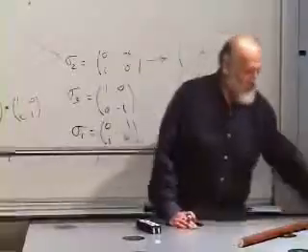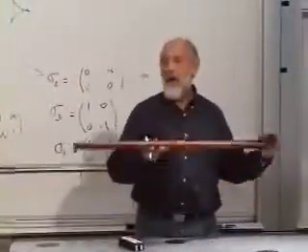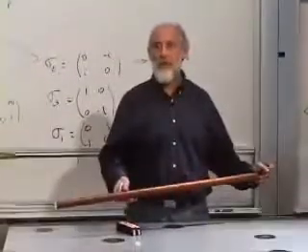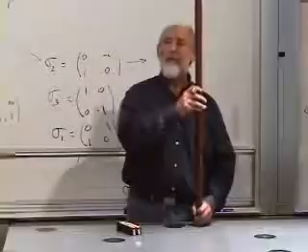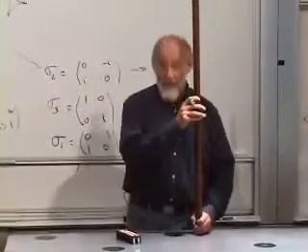So here we have a situation where we have a pointer which has been forced to point in some direction, and we measure the pointiness in a, let's call it perpendicular direction.